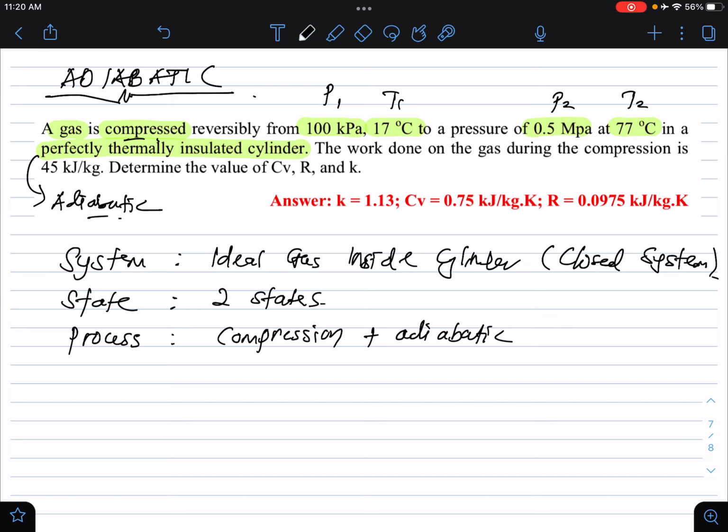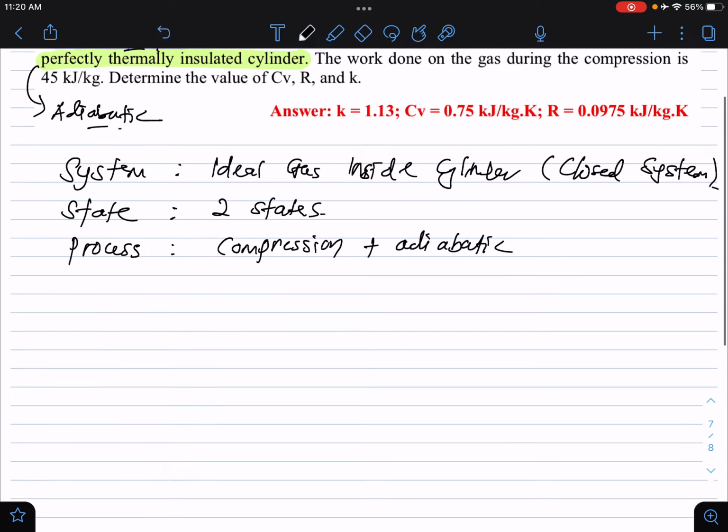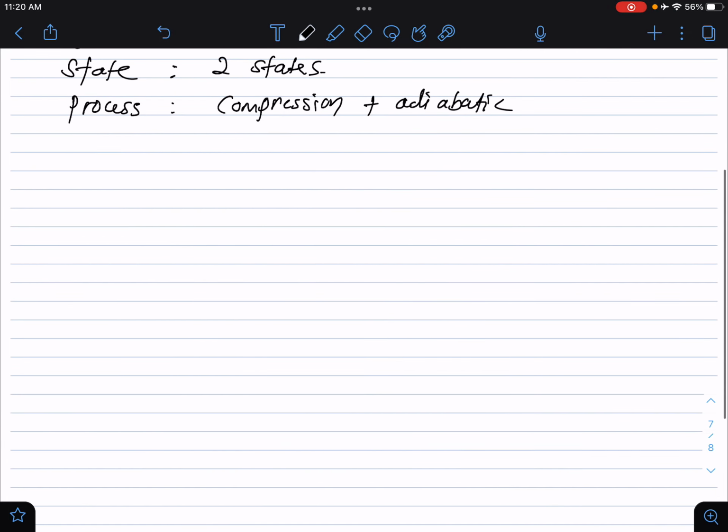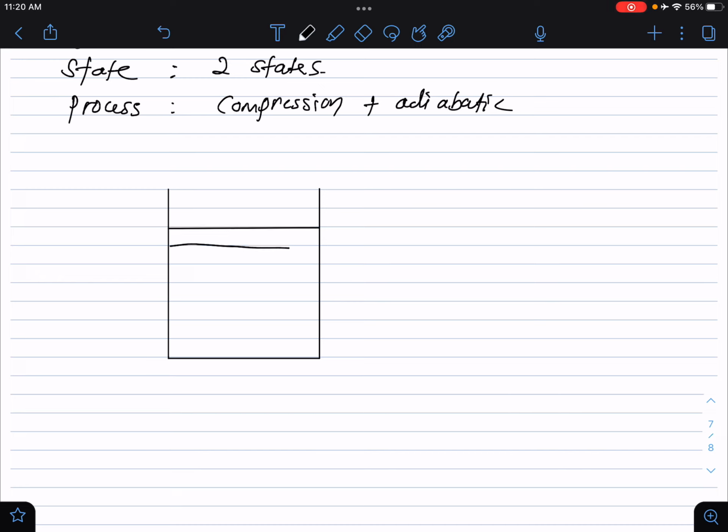And then the next thing is to illustrate our problem. This is a perfectly thermally insulated cylinder, and it can be compressed. I can set this as a piston cylinder device, so you can compress it. First, just put here a line. Since this is a compression, I will illustrate it in a better manner.